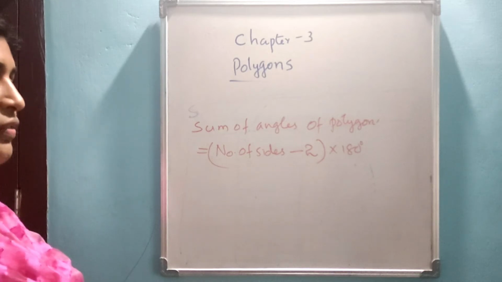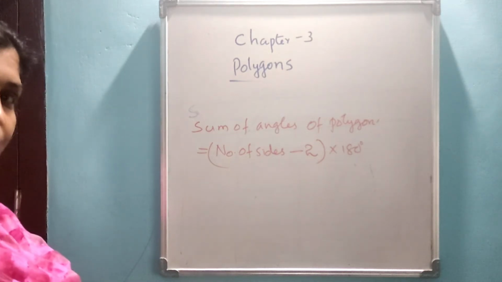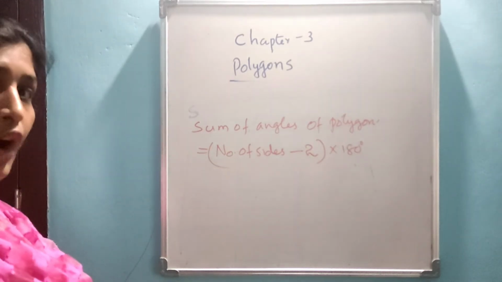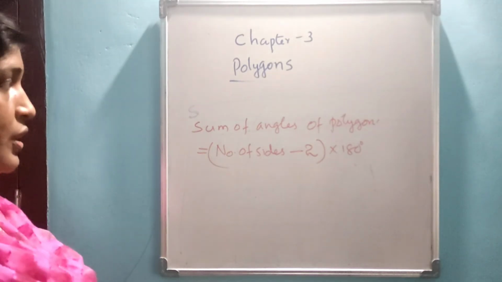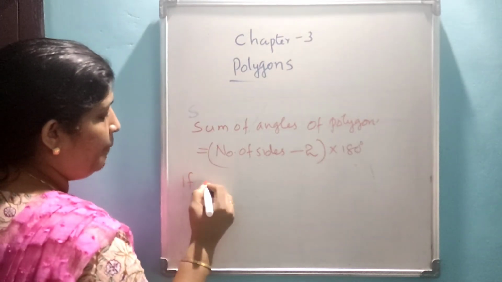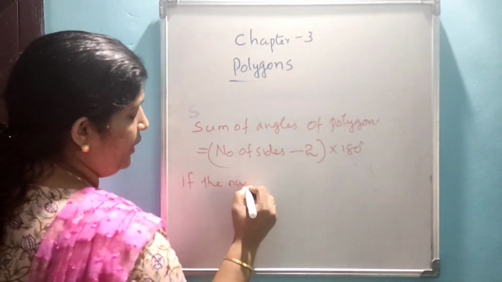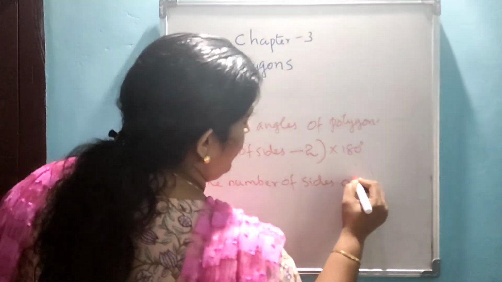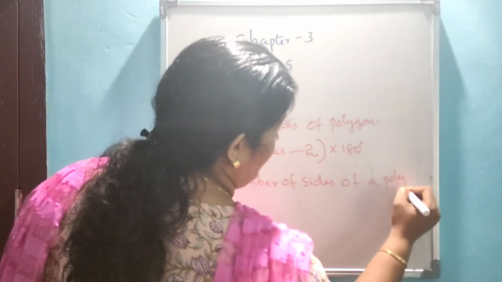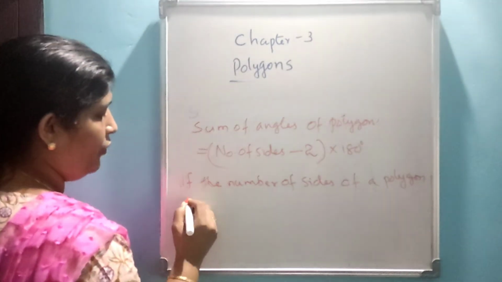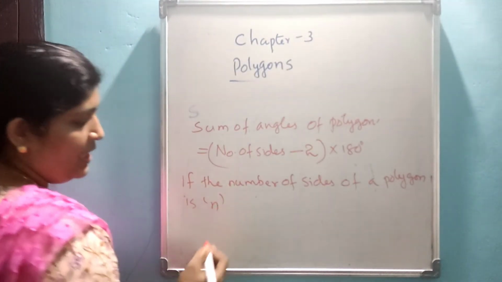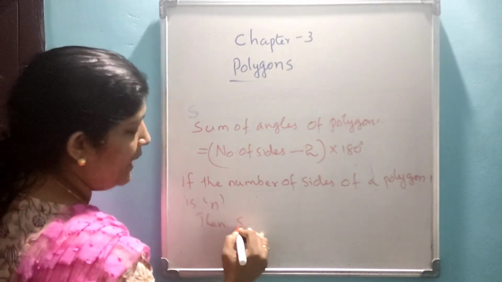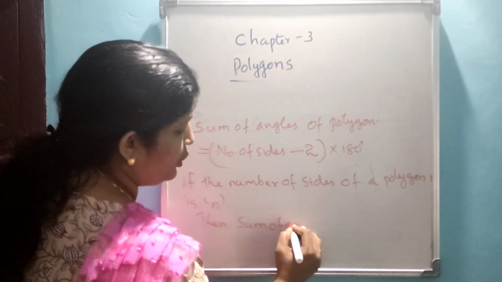So here we are going to use algebra for this equation. We are going to make an algebraic equation for this. If the number of sides of a polygon is n, then what is its sum of angles?